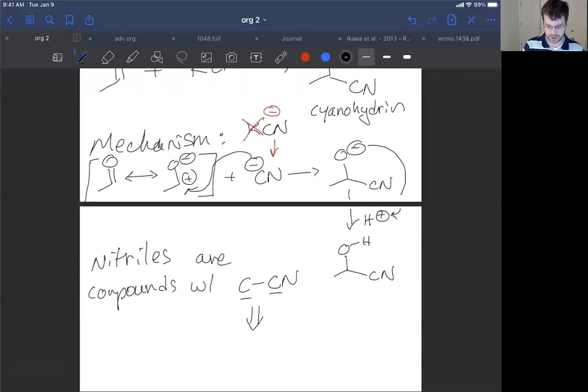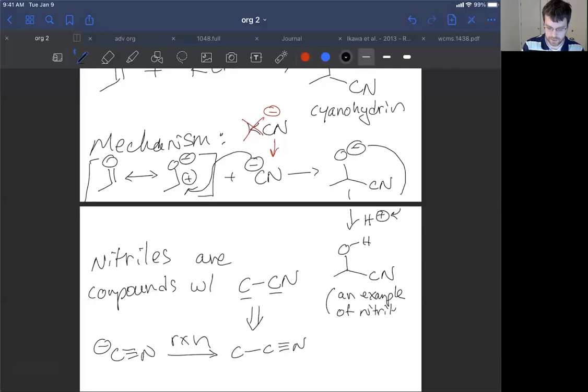Now, just to remind ourselves, the CN is a carbon triple bonded to nitrogen, and these things usually arise from a CN minus anion through some sort of reaction. Okay, so I show one example here where the cyanohydrin is an example of a nitrile. So nitrile is another term for compounds that have a carbon triple bonded to a nitrogen present in them.